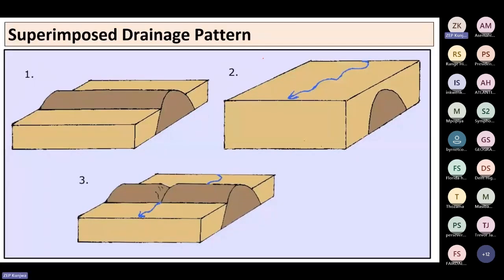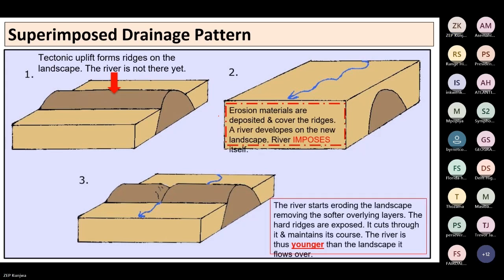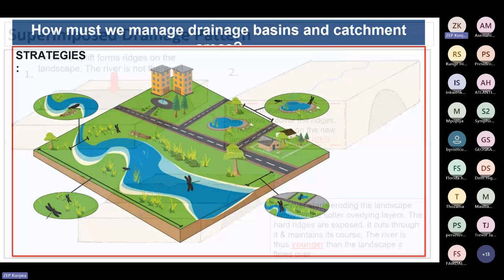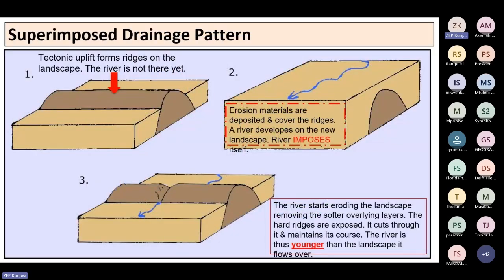Now, you've got your superimposed drainage pattern. The first thing that happens there is a tectonic uplift which happens in the landscape before there is a river.